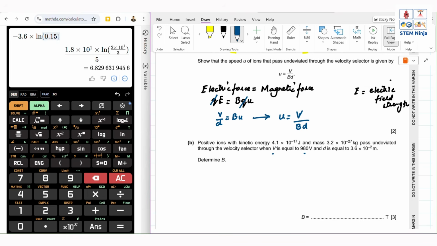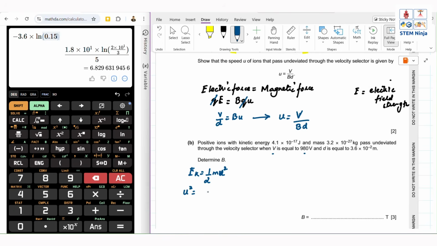So they have given us kinetic energy. With the kinetic energy and mass, we can find out the velocity. So first we need to do that. We know kinetic energy is equal to half mv squared. So let's write it as u instead.